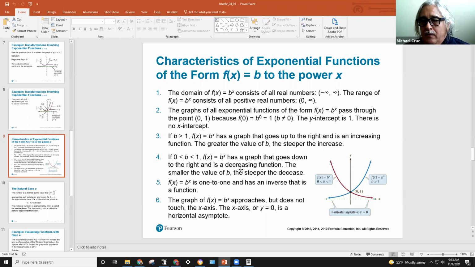And then, as I've said, for a base greater than 1, it's going to just go up just like the one we just looked at. If it's between 0 and 1, in other words, it's fractional, then it flip-flops around like that.